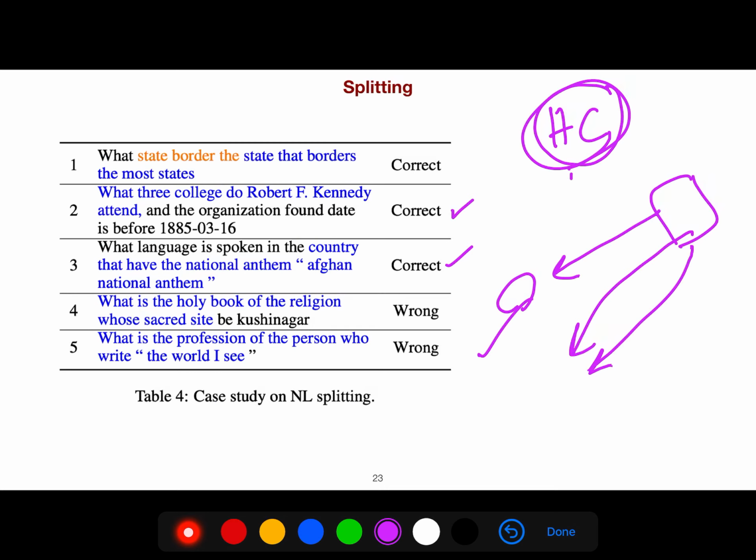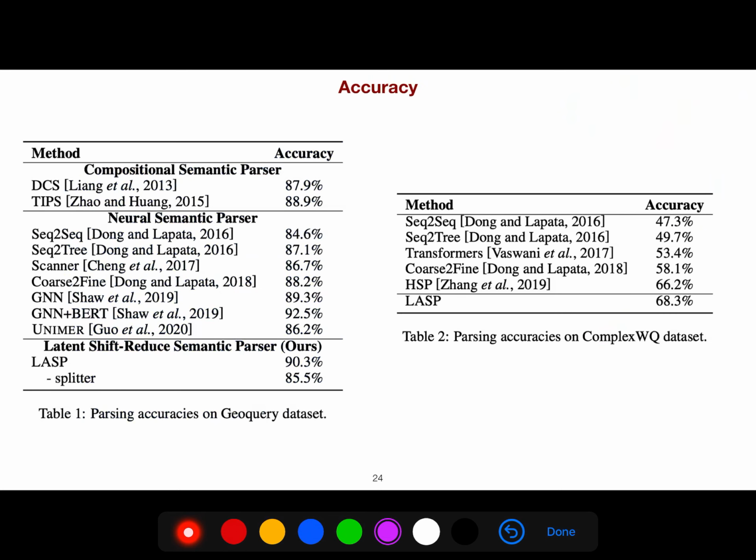So we are not labeling as humans, but the machine is asking us questions and understands what to label. The machine understands what sentence or what problem should be labeled.